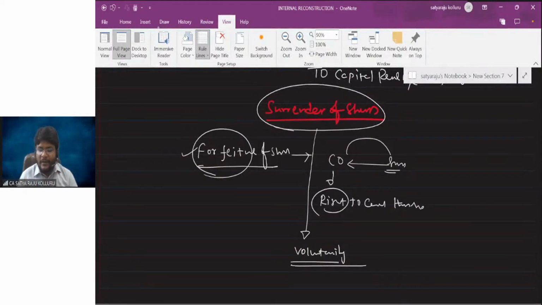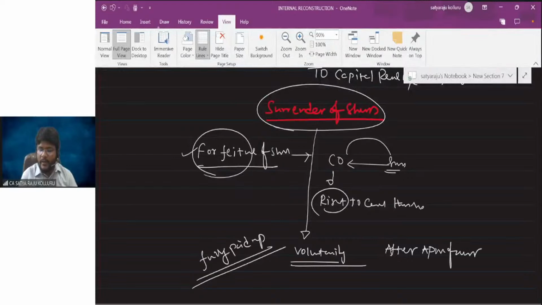One more thing, forfeiture may happen in case of partly paid up shares, that too at the time of non-payment of call money. But the surrender of shares concept is applicable only if all the shares are fully paid up. And whenever surrender of shares is made by the company, it should happen only after approval of the court.